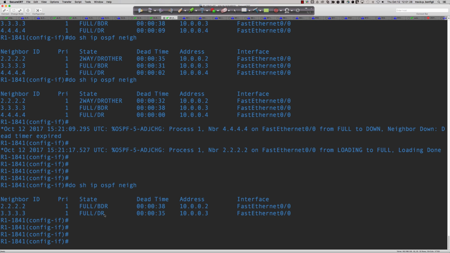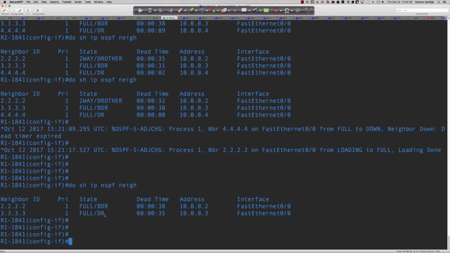Like we saw, when we bring everything up, there's an election for the BDR first, then the DR. Because when the DR fails, the existing BDR immediately promotes himself to the DR, and then there's an election for what? A new BDR, right? And that's what I meant when I said OSPF has to behave the same way in the DR-BDR election process. So the BDR is always elected first.